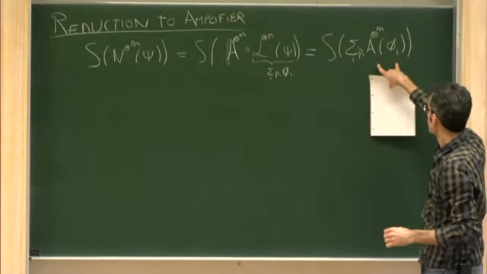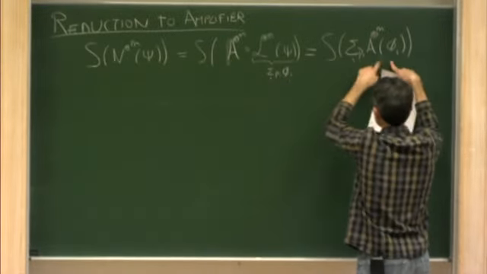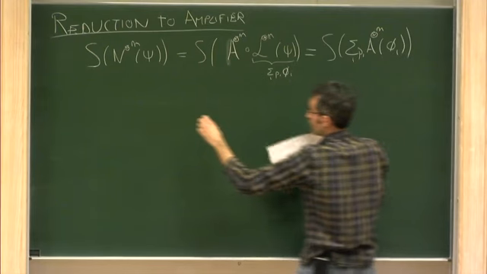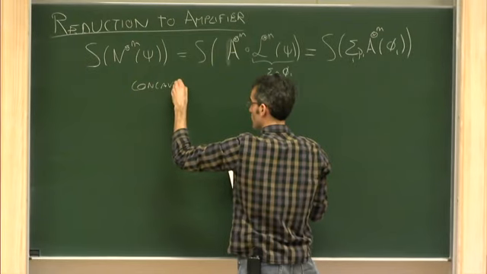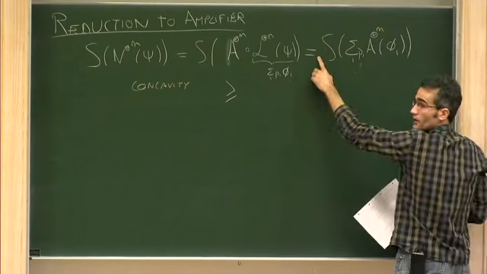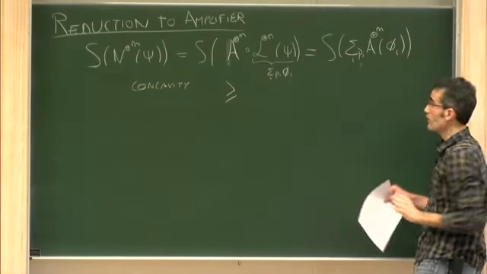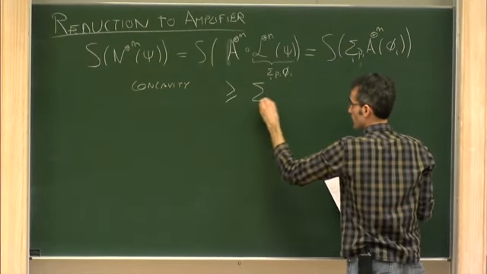I'm just taking the sum outside after the map, and then I use the concavity of the von Neumann entropy, and then I can take the sum outside the von Neumann entropy, from inside to outside. So I can write this.